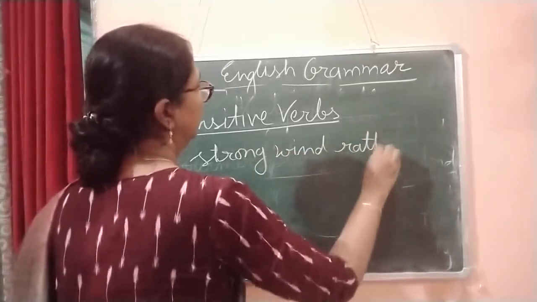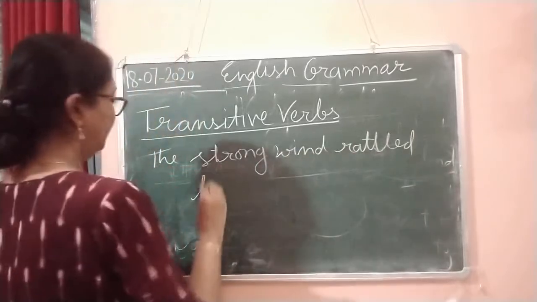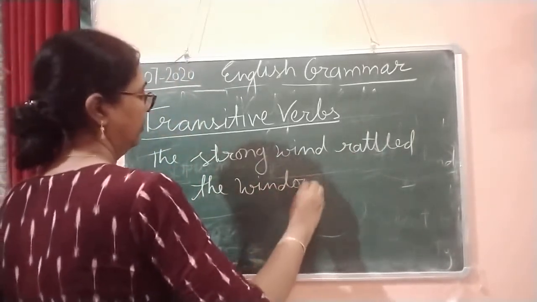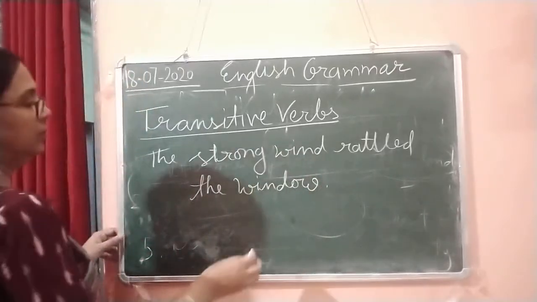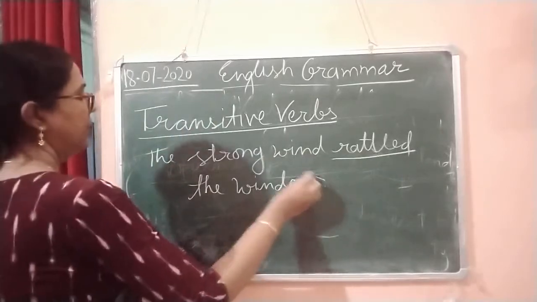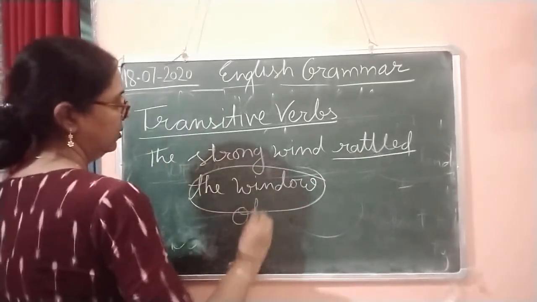Here you can see rattled is a verb and the window is the object.